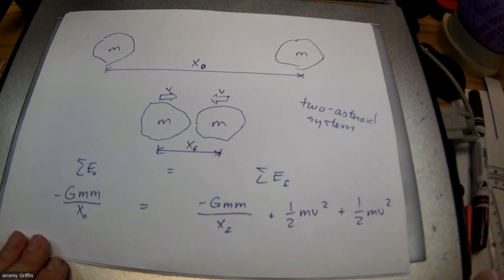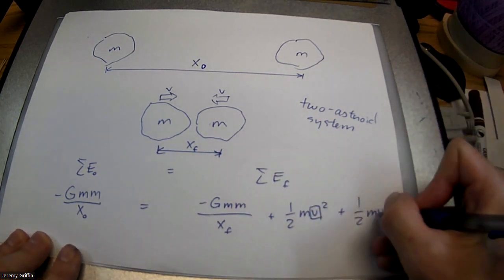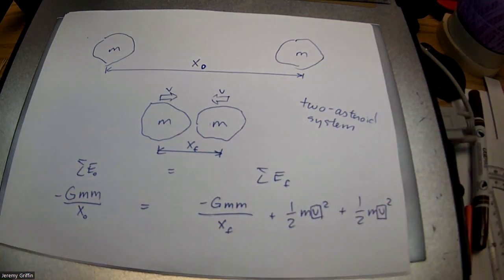If they have the same mass, then they'll have the same v. So if you got some numbers, you could eventually solve for v. Or even if you didn't have any numbers, you could solve in terms of variables. You guys got that?